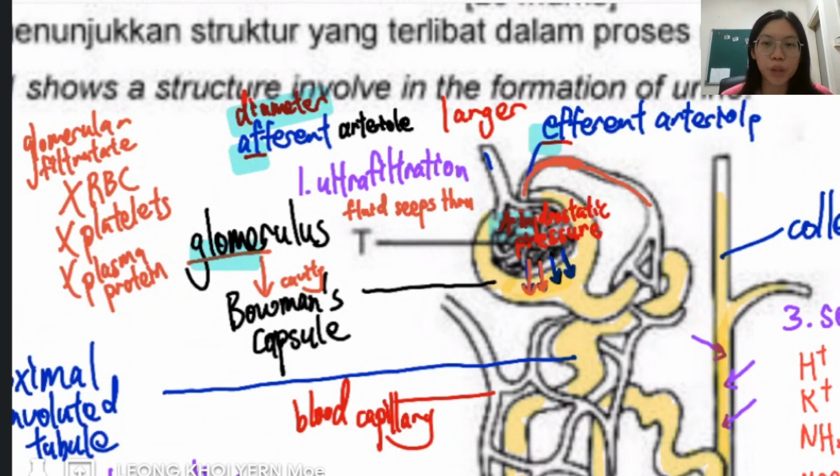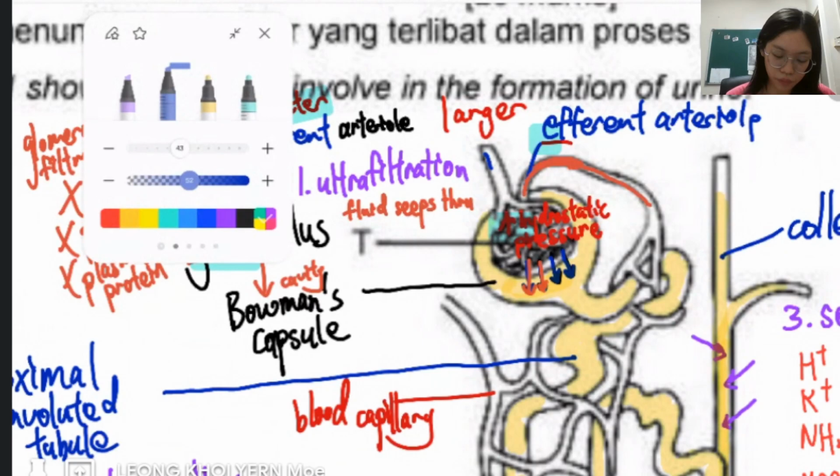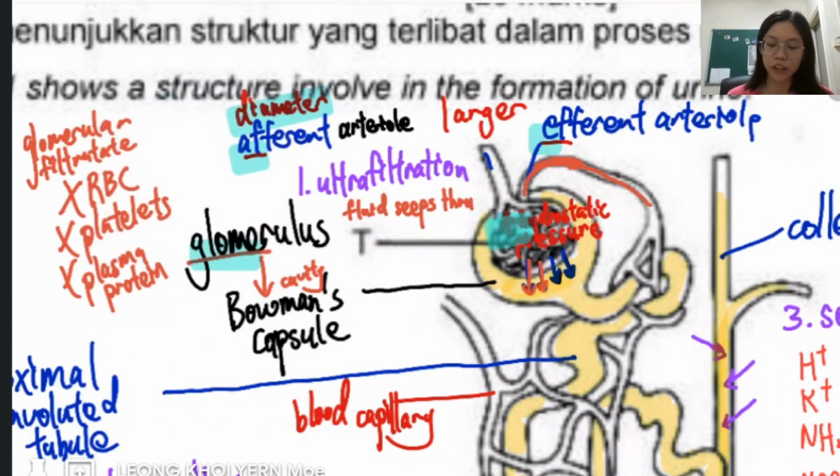Why? Blood enters the glomerulus under a high hydrostatic pressure. The high hydrostatic pressure is because the diameter of the afferent arteriole is larger than the efferent arteriole. So high hydrostatic pressure leads to the fluid seeping through the wall of the glomerulus into the cavity of the Bowman capsule.